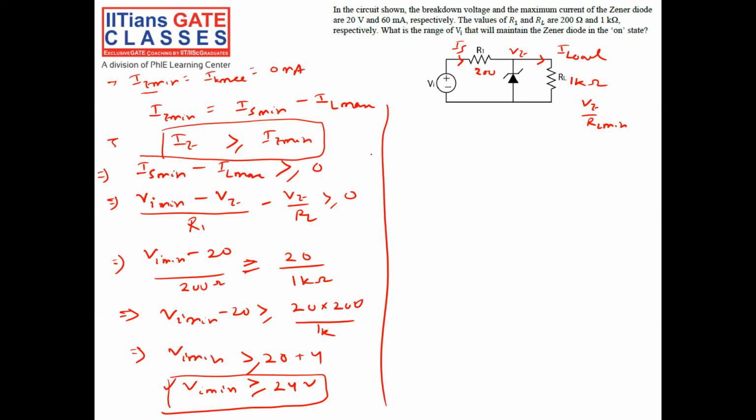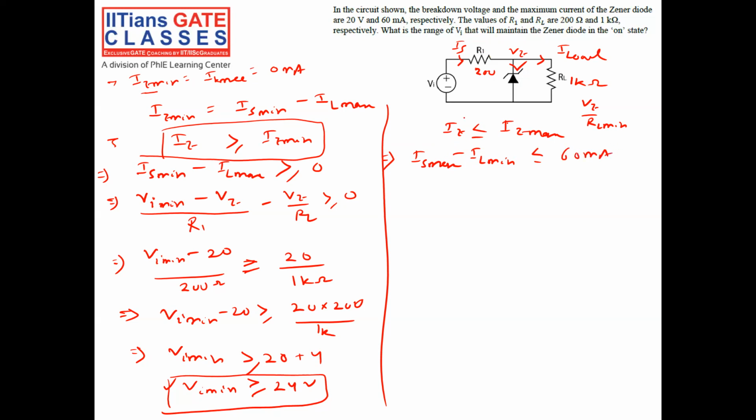Now my Iz should be less than or equal to my Iz maximum, right? What is the maximum current in the Zener? It is I source maximum minus I load minimum, which should be less than or equal to Iz max, given in the circuit as 60 milliampere.